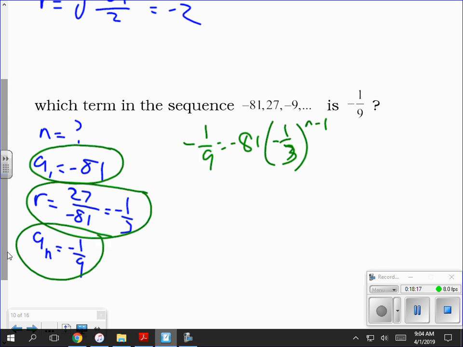Your first step, get rid of the -81. You want R to the power by itself. So my first step is to divide both sides by -81. And you get 1 over 729.